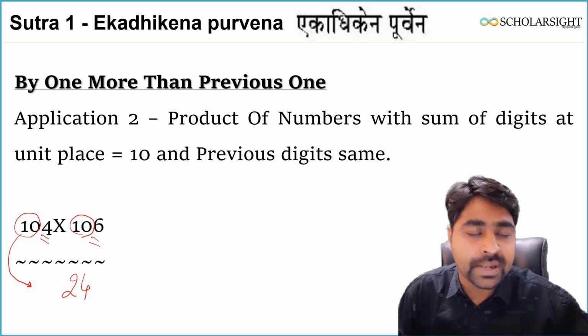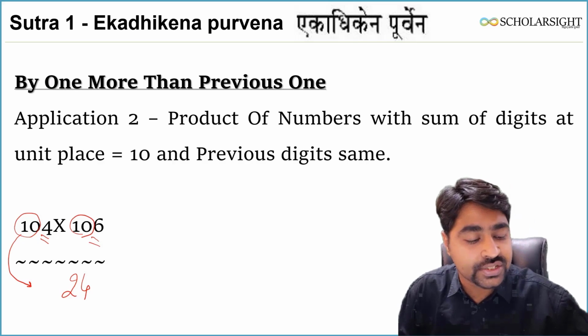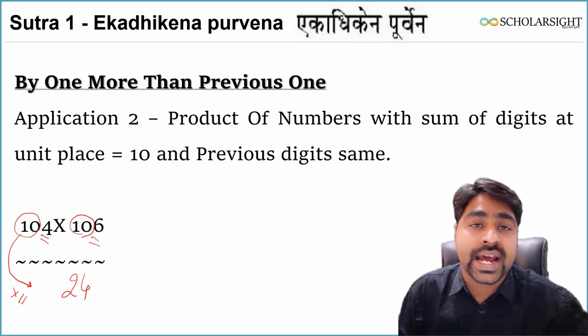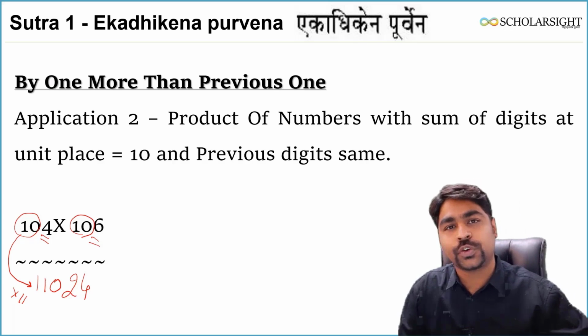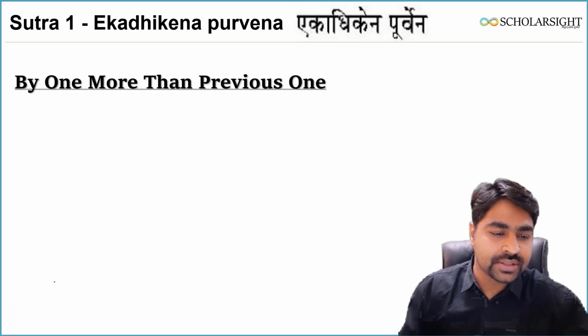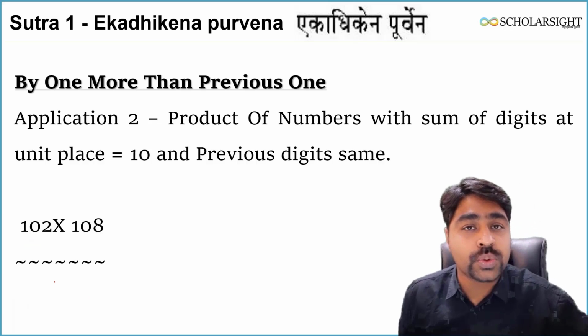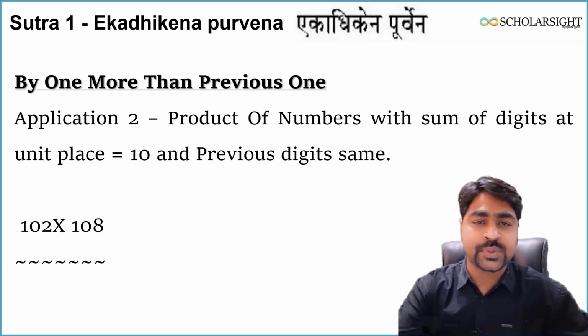So 10 multiplied by the very next number to 10, which is 11, so 11 into 10 is 110, and the answer is 11024, right? One more application, 102 into 108, okay? This is very simple, right?